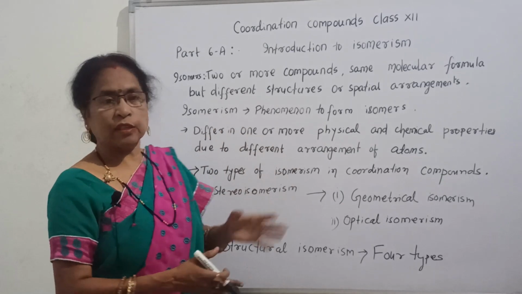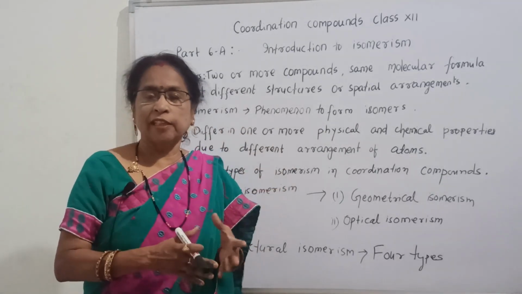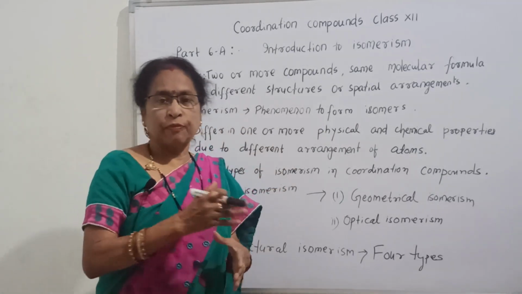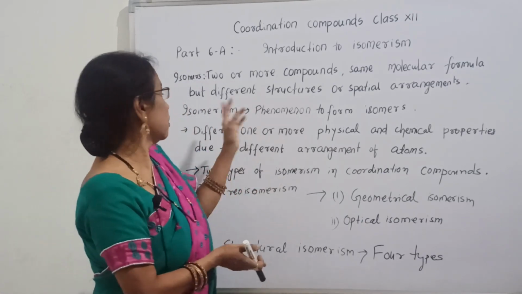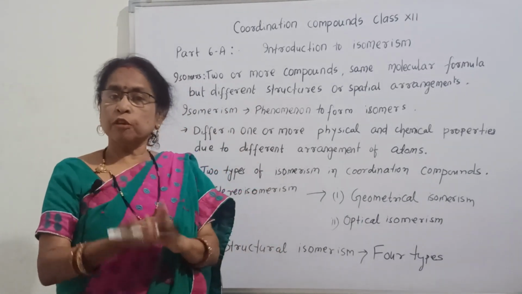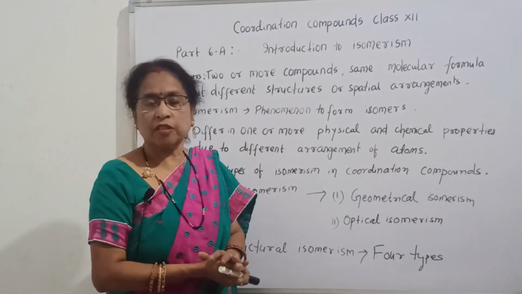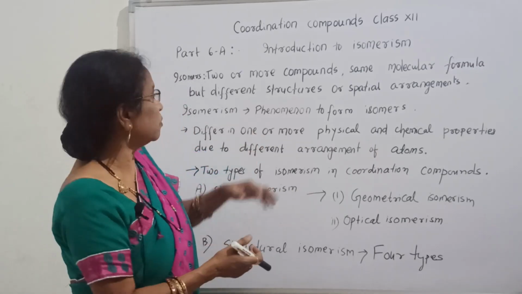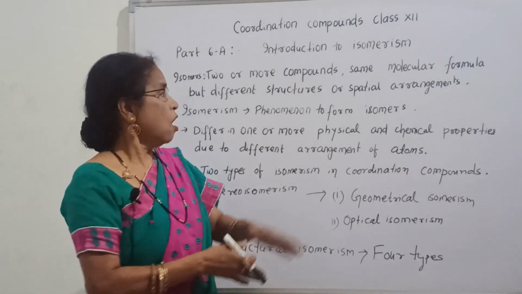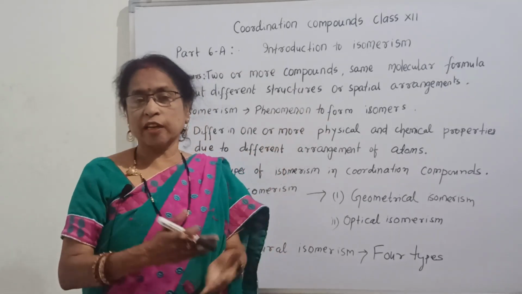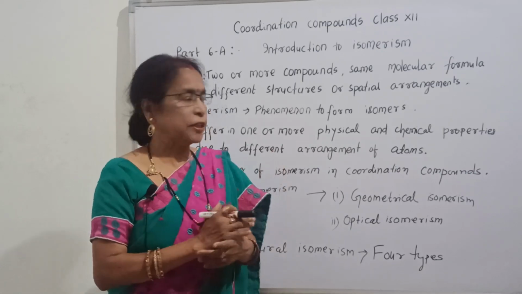I hope it is clear. Isomerism means the phenomenon of producing different isomers. Isomers mean different structures or different arrangements of atoms, whether in the form of structure or in the form of spatial arrangement in space.